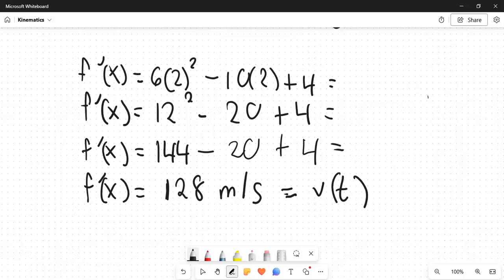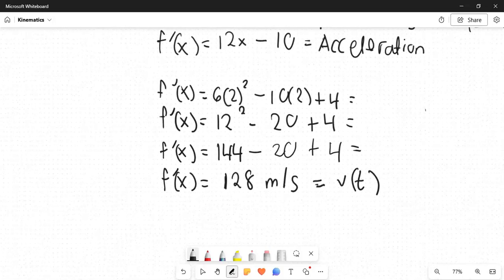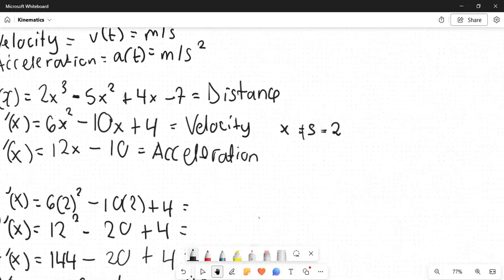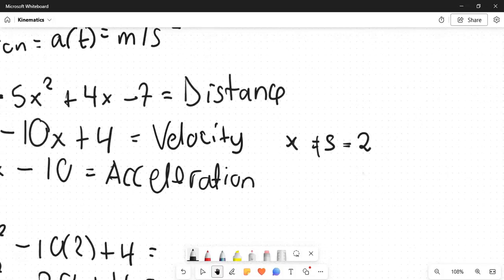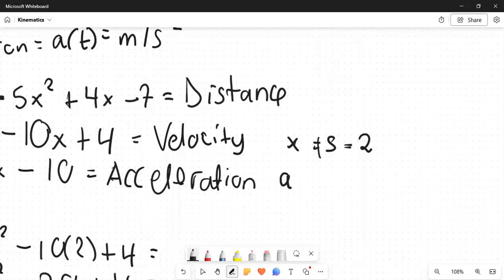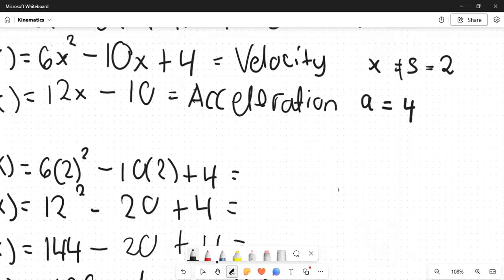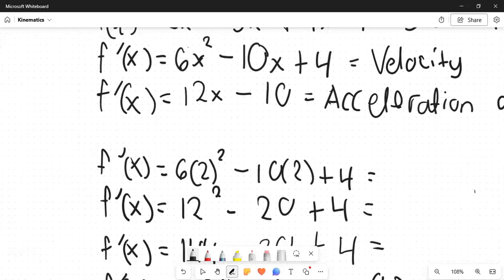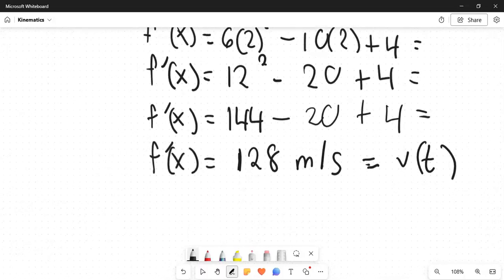If we want to find the acceleration of this equation, let's say find the acceleration if a is equal to 4. What to do with this 4 is to plug it into the acceleration equation right here.